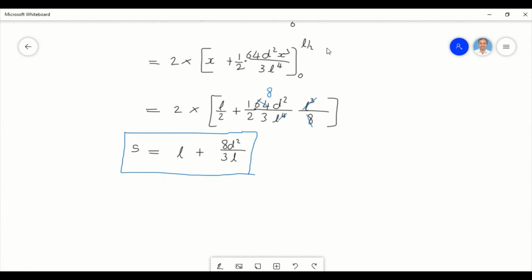When I substitute the upper limit, I'm getting s equal to l plus 8d square by 3l. The lower limit is just 0, and both these terms will become zero. So the total length of the cable S is given by L plus 8d square by 3L.